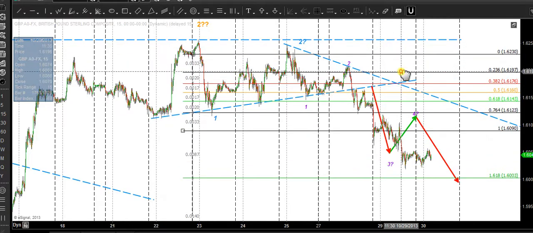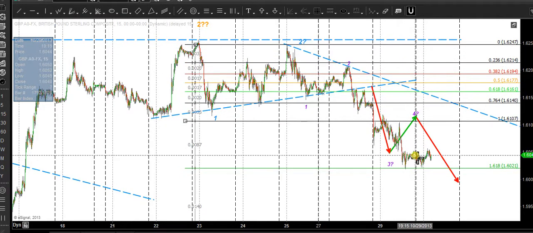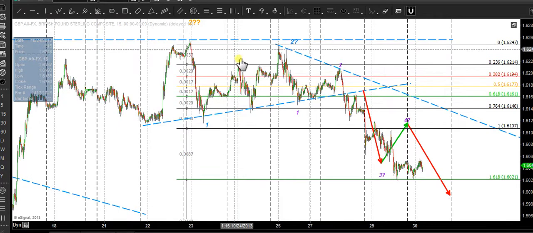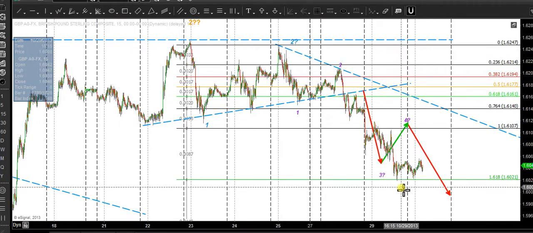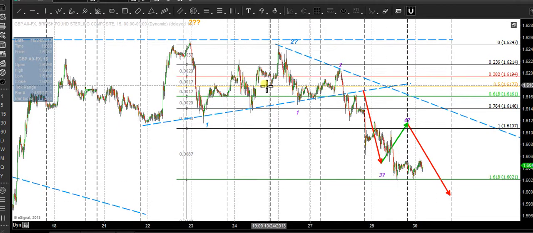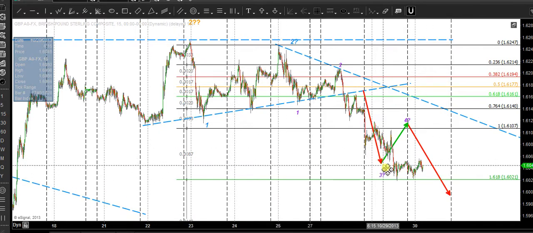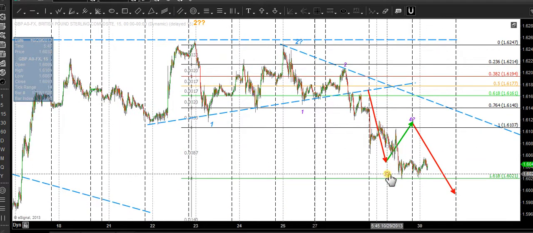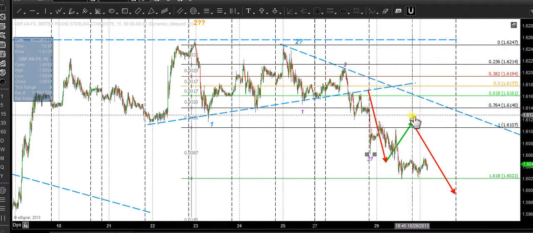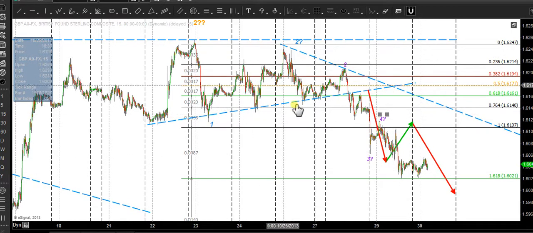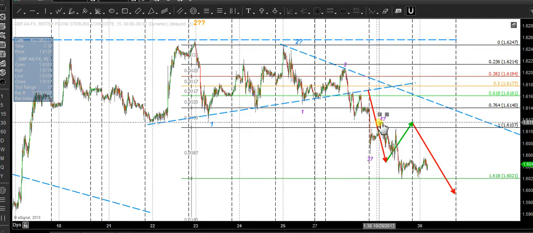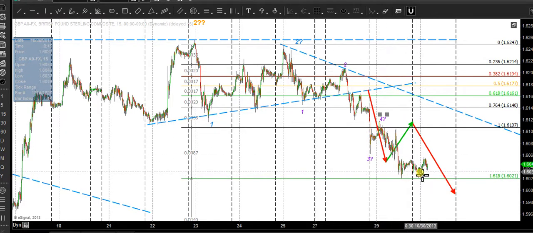And then wave 3, that larger wave 3, is currently finding support at that 161.8% extension of that wave 1. So we would have this labeled as 1, 2, 3, 4, 5.